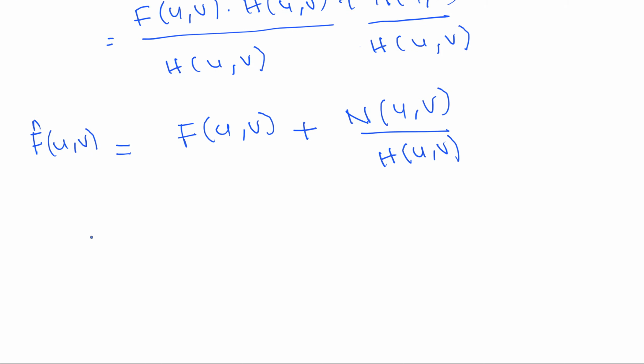Now if you look at this equation, there are two problems. If you did not have the second term, we would get the exact restored image, the original image back. But since this part exists, there are two problems. The first is that we cannot estimate the values of n of uv, that is, n of uv is unknown.